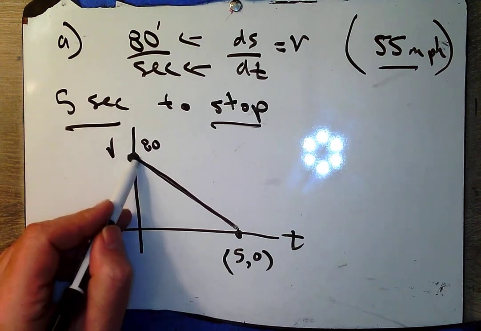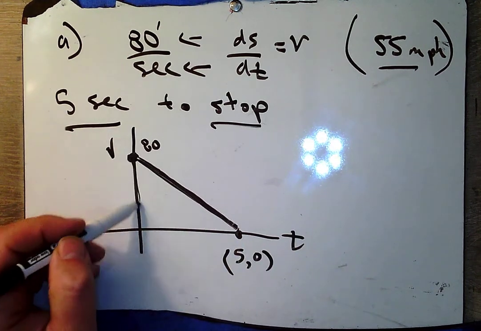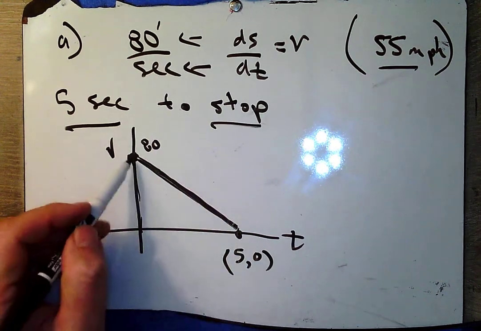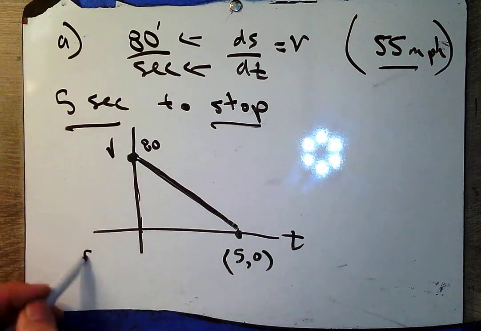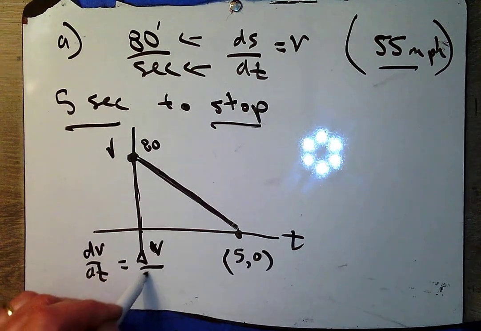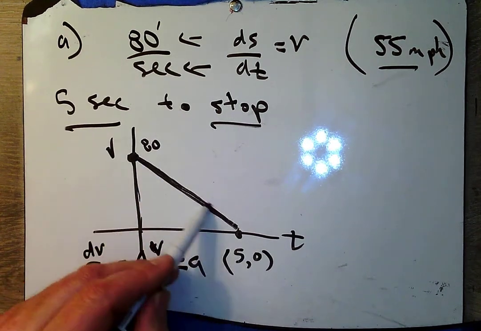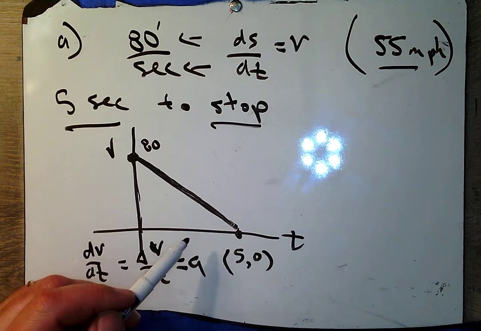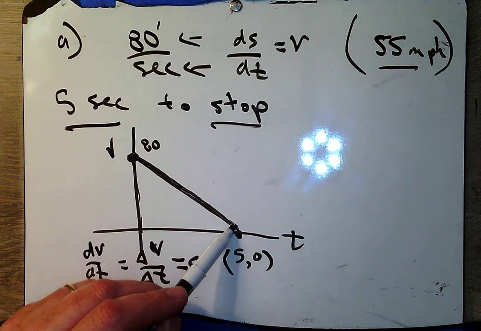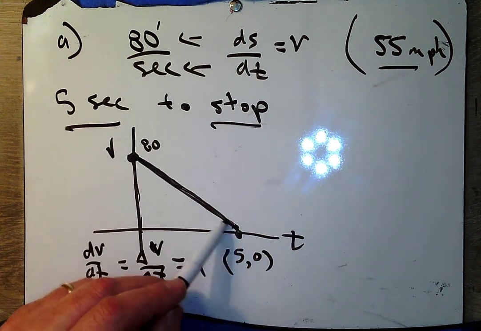Well, I notice that this is linear, and the slope here would be a change in v's over a change in t's. We'd be looking at dv dt, that change in velocity with respect to time, and that's acceleration. So the slope of this line, that's our acceleration in this situation. Because our slope is negative here, that's called deceleration. Okay? So we're decelerating at a constant rate.